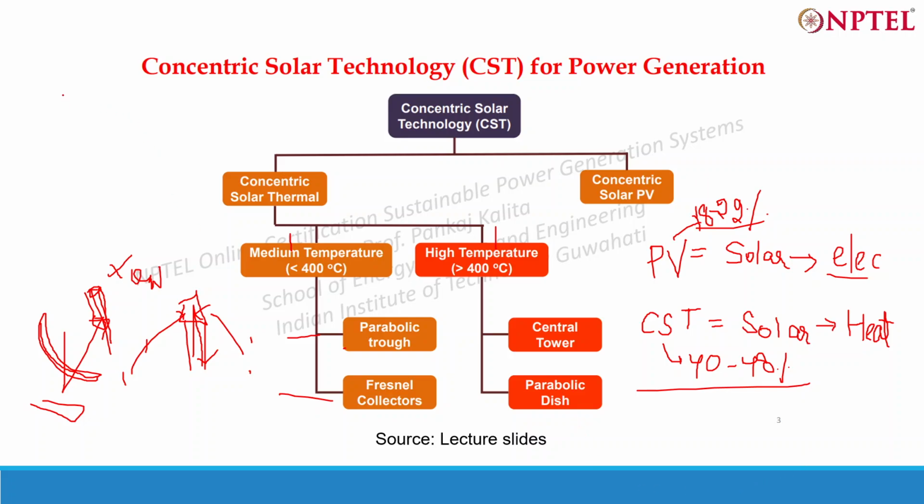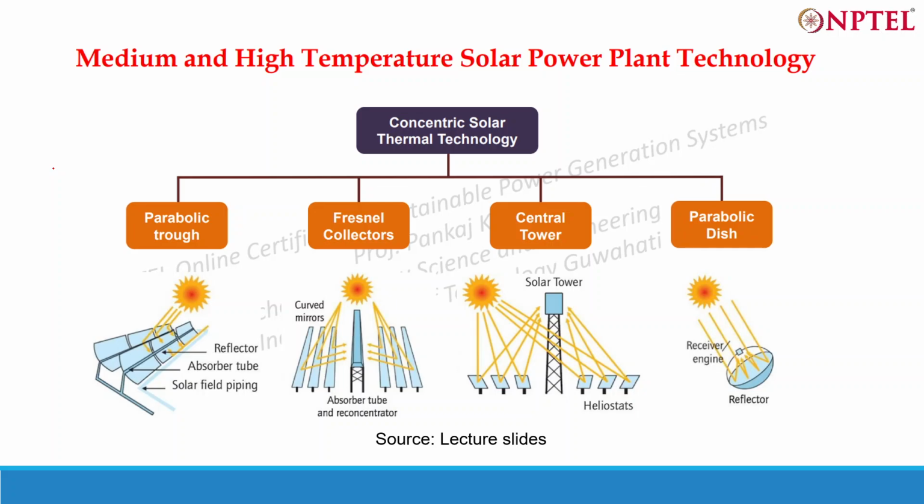Parabolic dish is basically a dish which focuses on a point, so it is point focus. This is a curved dish, and if we cut it, then we get a cephalid dish. This also does the same thing, but there is a difference between parabolic and cephalid dish. Cephalid dish is also a kind of parabolic dish, but with some change. Now, medium and high temperature solar power plant technology.